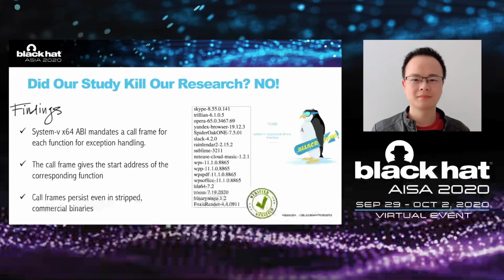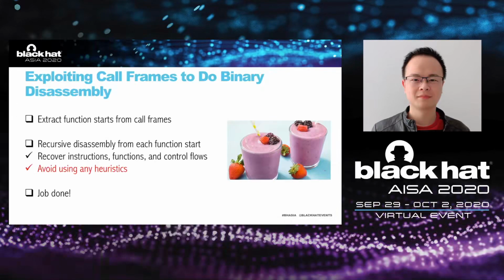Now we know that the call frames give information about functions, but how can we use that to achieve correct binary disassembly? In our work, we developed a new approach to exploit the call frames to do binary disassembly. To be specific, we first extract all the function starts from the call frames.